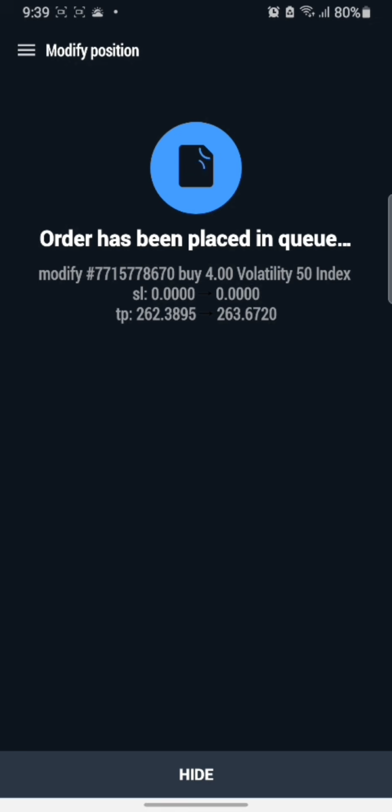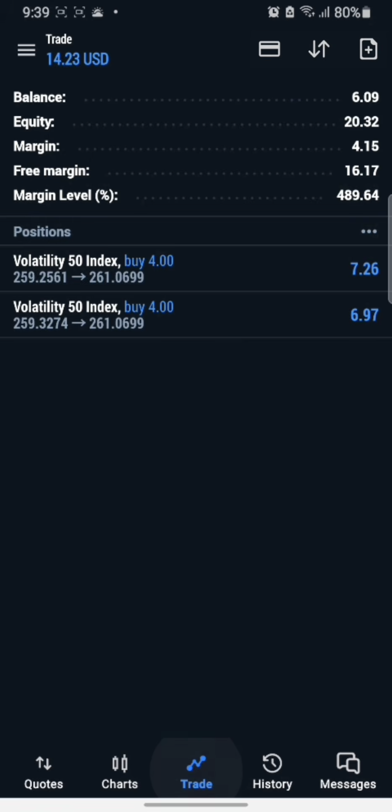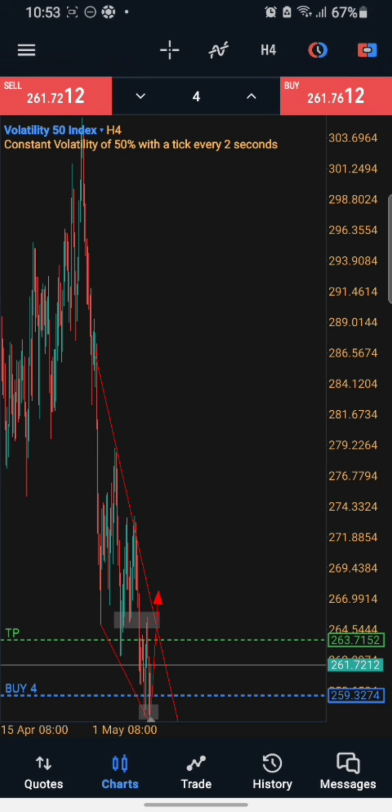So I'm adjusting my TP to the next TP so that I can collect more profit. And then now we're in $9 each. We're going to continue holding.